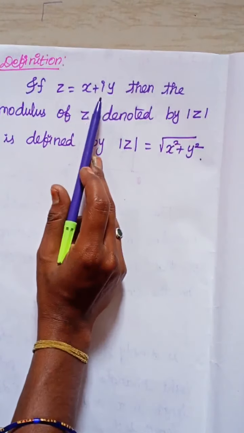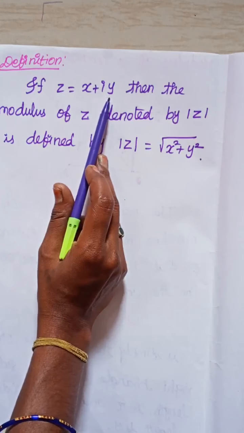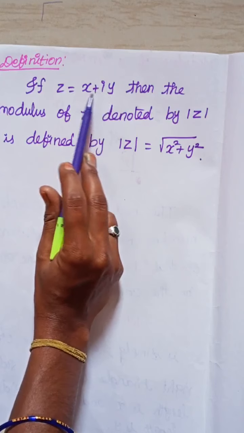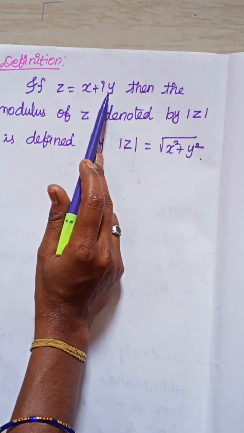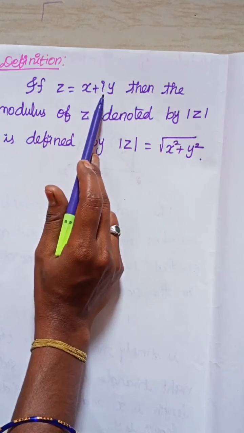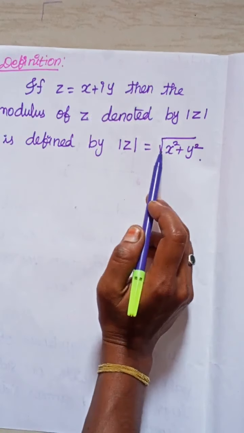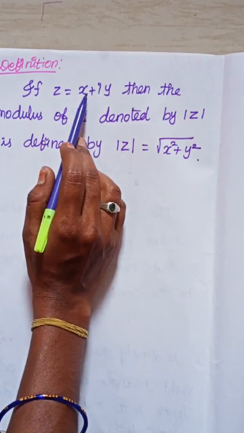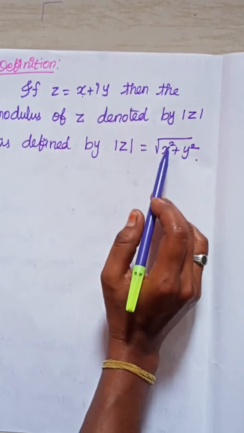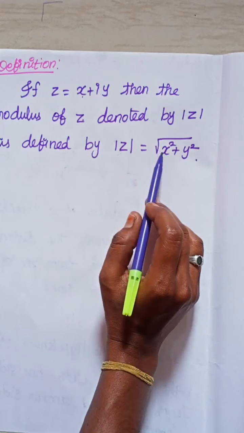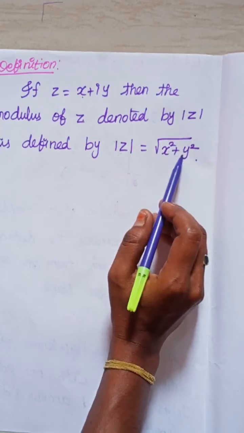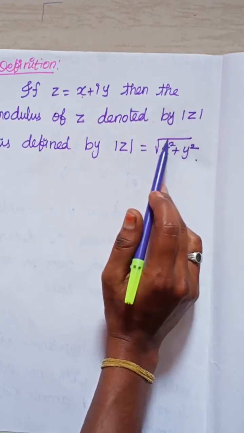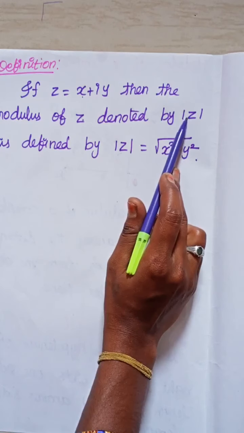The definition says that z is a complex number, and the modulus is the distance of the real part and imaginary part from the origin. Then the modulus of a complex number is square root of x square plus y square, and the modulus is denoted by modulus of z.